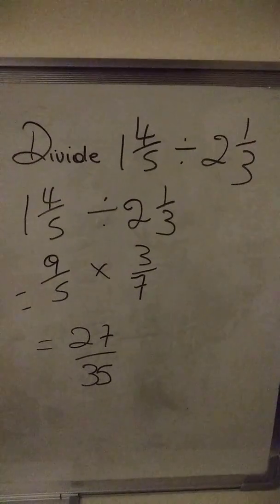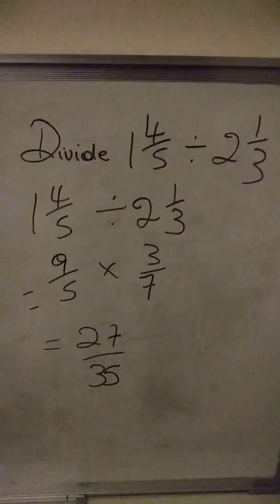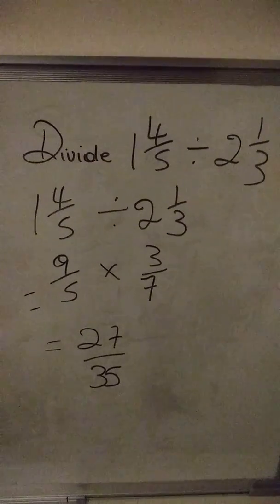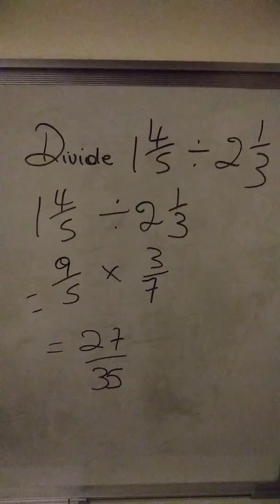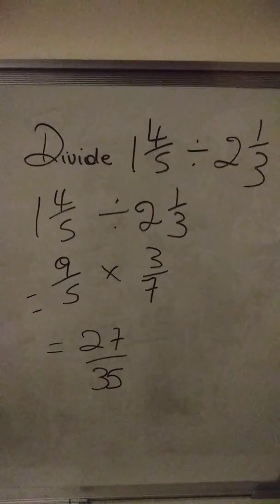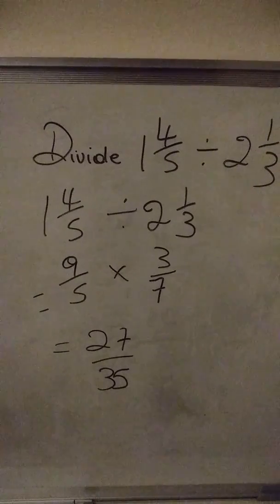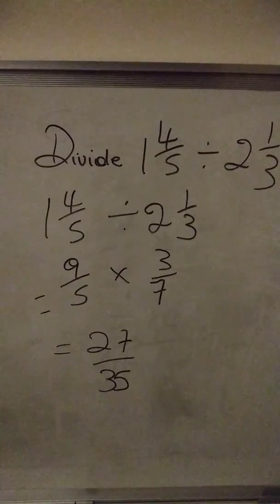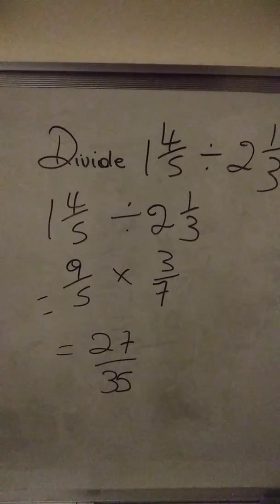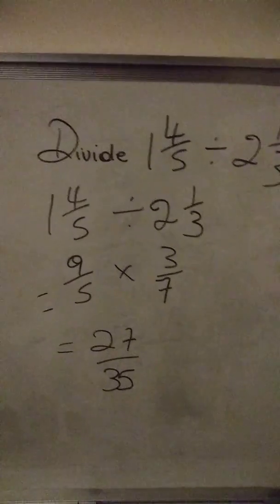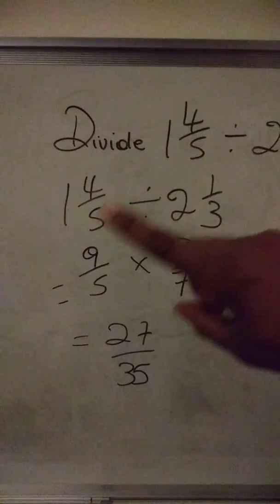Not much of a difference, but as I said before, with mixed fractions, it's best to change the mixed fraction into an improper fraction. So 1 4/5, we're going to change it to an improper fraction. 5 times 1 is 5, plus 4, 9/5.